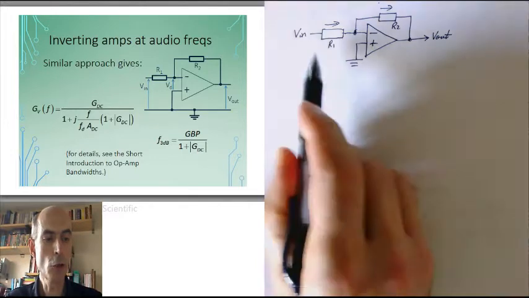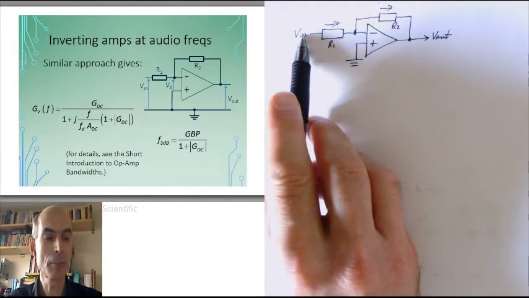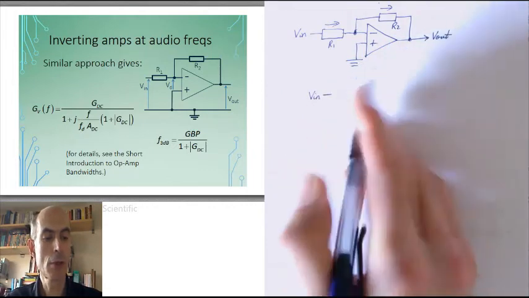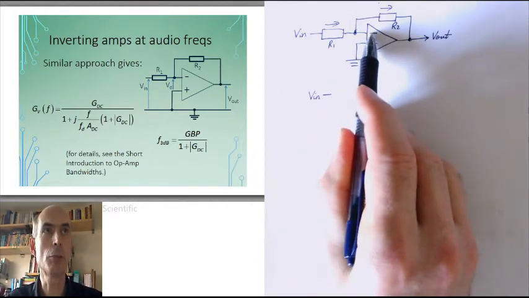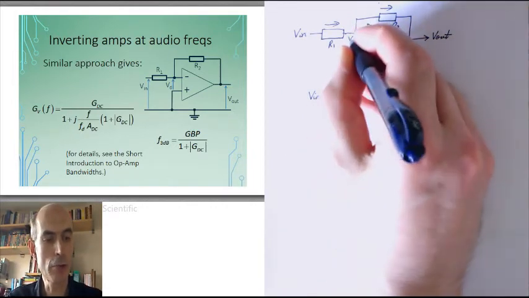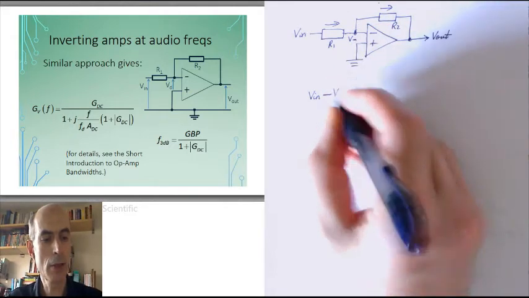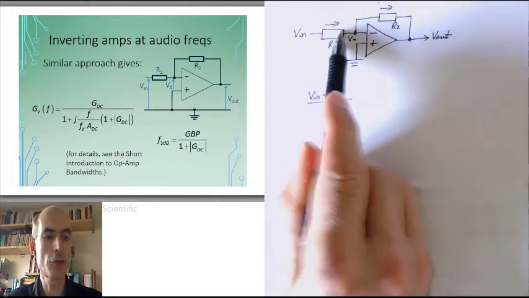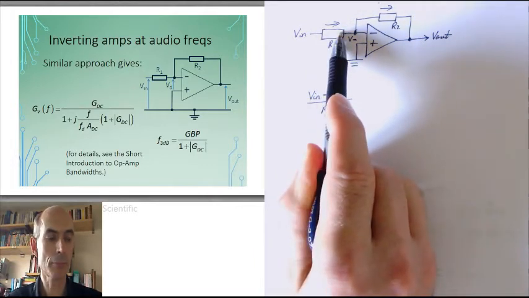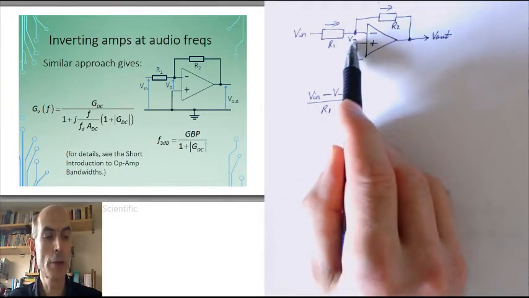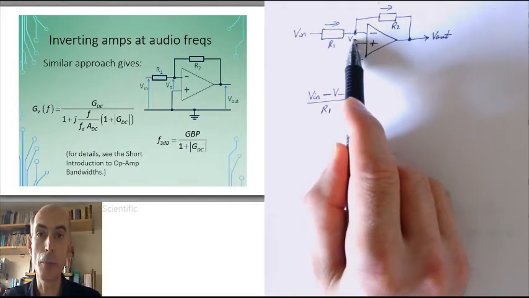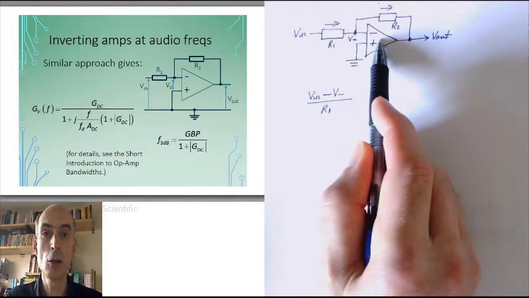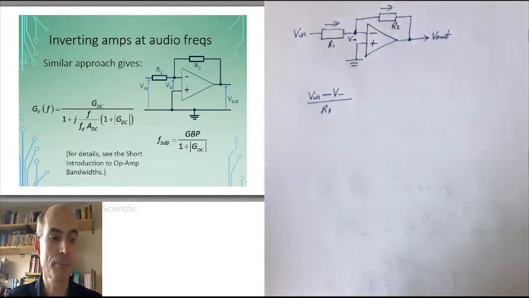Applying Ohm's law, Vin minus the voltage on the inverting input, which I'll just call V minus, over R1, is the current flowing through this resistor. I can no longer assume that V minus is equal to 0, as I did before when we were assuming that the open loop gain was effectively infinite.